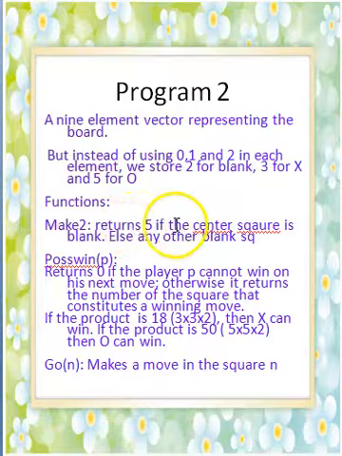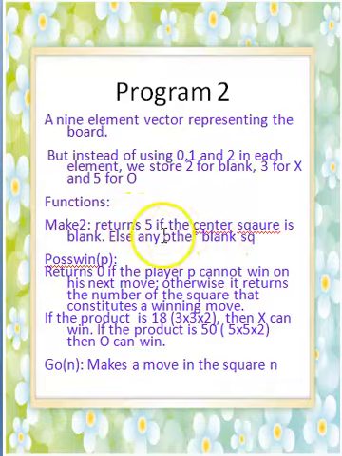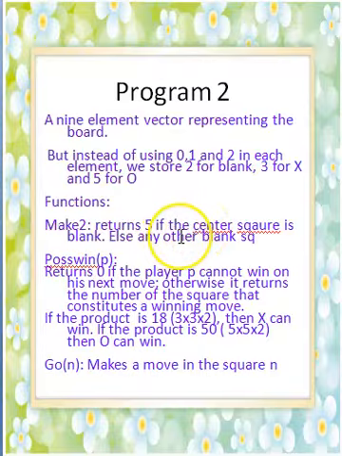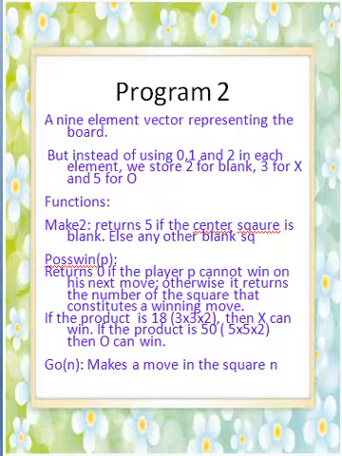And then if nobody is winning, we have to select the move. For that, we will try to select the center tile. If the center tile is not available, then the corner tiles, and if the corner tiles are not available, then any of the remaining tiles. Randomly we will select the move. So this is program 2.